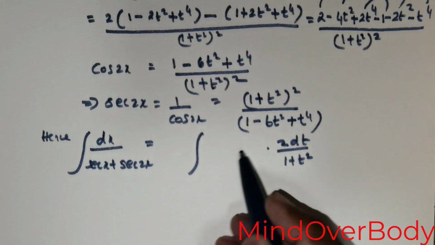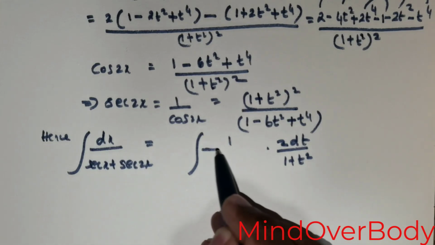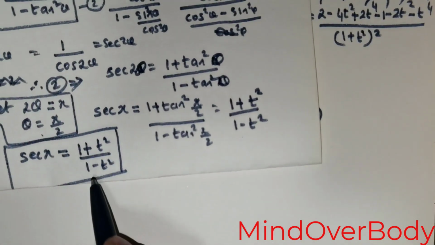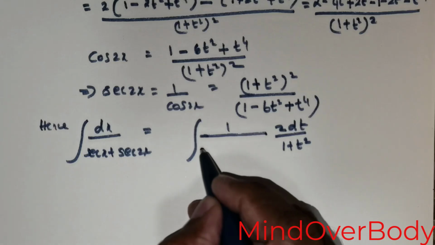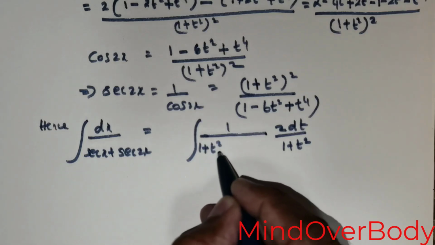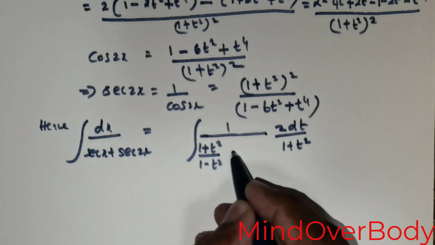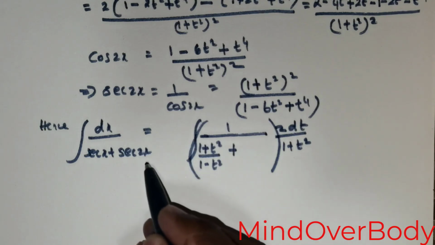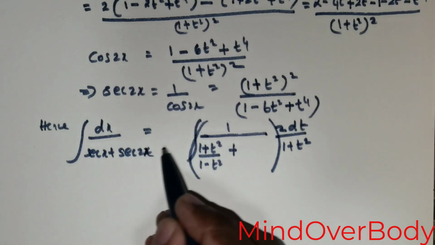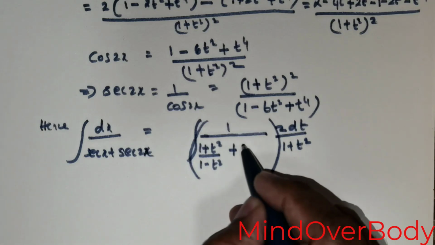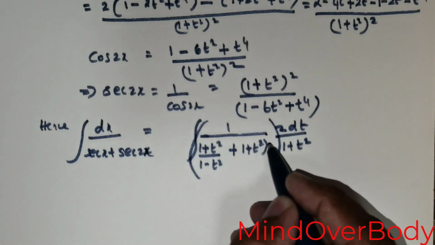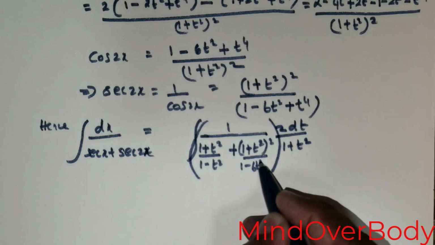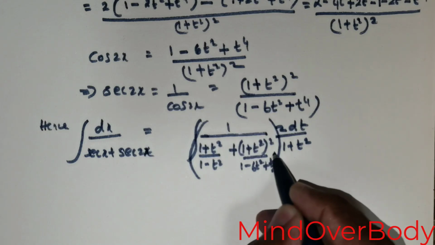Now this is 1 over, my sec x is going to be (1 + t²) divided by (1 − t²). Let me write that down: (1 + t²) divided by (1 − t²), followed by a positive sign, and my sec 2x is going to be this term: (1 + t²)² divided by (1 − 6t² + t⁴). So this is what we've got.